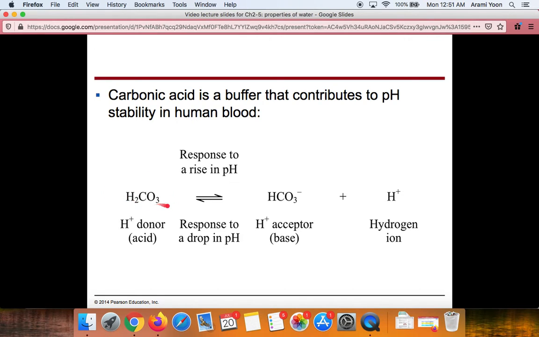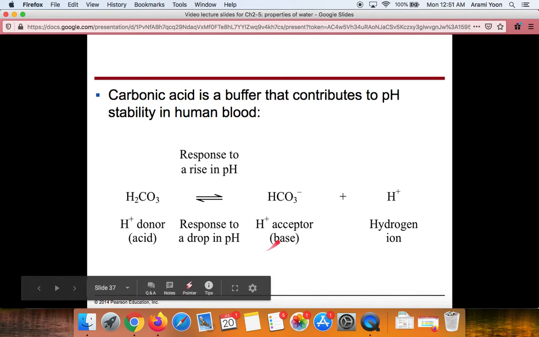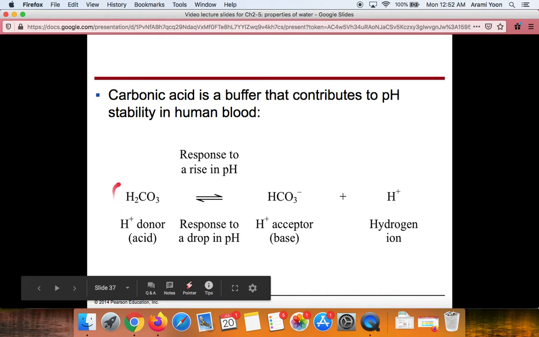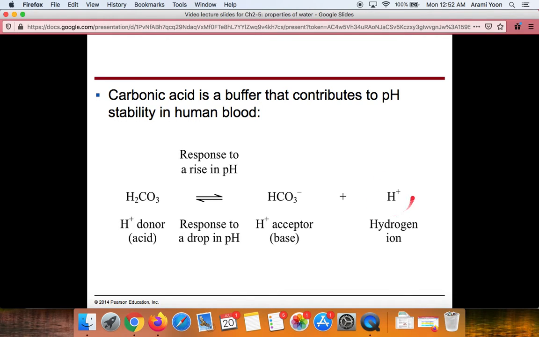And when you add that to water, it can either release a hydrogen ion, in which case you have what we call the bicarbonate ion, HCO3 minus, hydrogen bicarbonate, and it will also produce a hydrogen ion. So you can see that this releases a hydrogen ion in solution, so it acts as an acid.